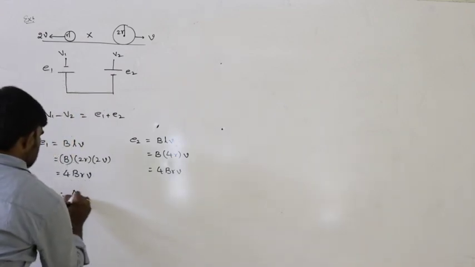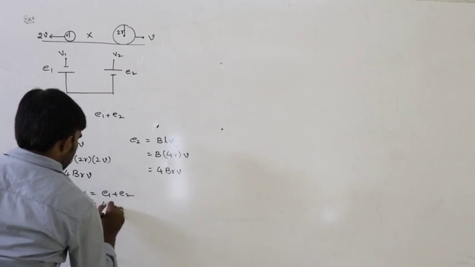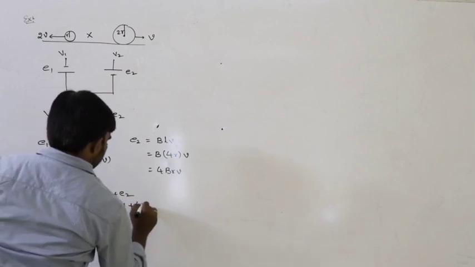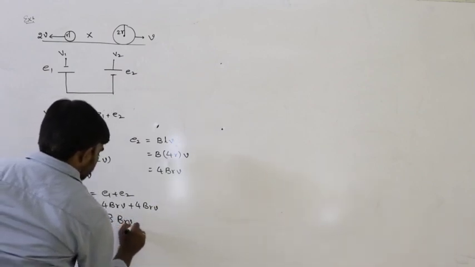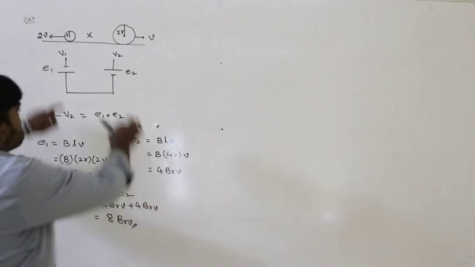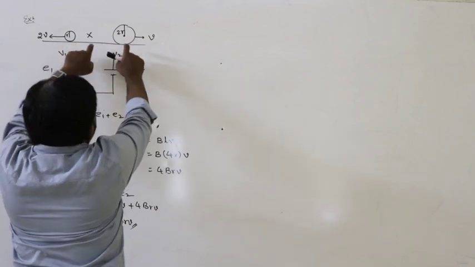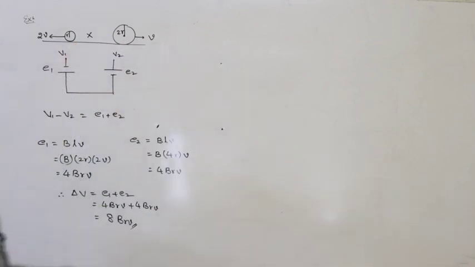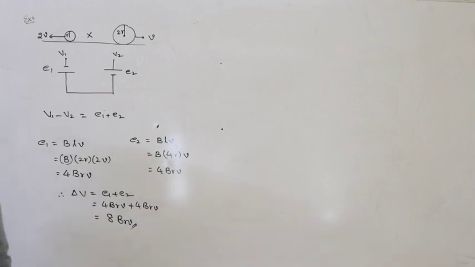Therefore the potential difference is E1 plus E2, that is 4BRV plus 4BRV, which equals 8BRV. So when two conducting rings move in opposite directions on a conducting surface, the potential difference between them is 8BRV.